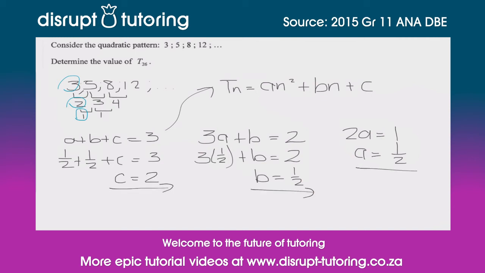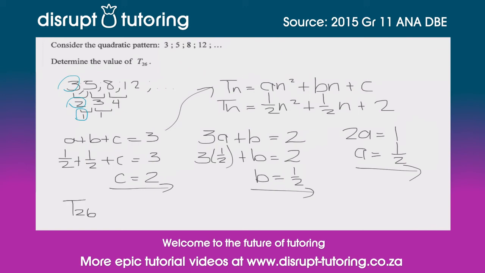So now we have generated the coefficients that we can plug into our general term formula. So the a we know is a half, so that's a half n squared plus a half n plus 2. So that gives you a good amount of information. Now we can use that in order to calculate our 26th term.